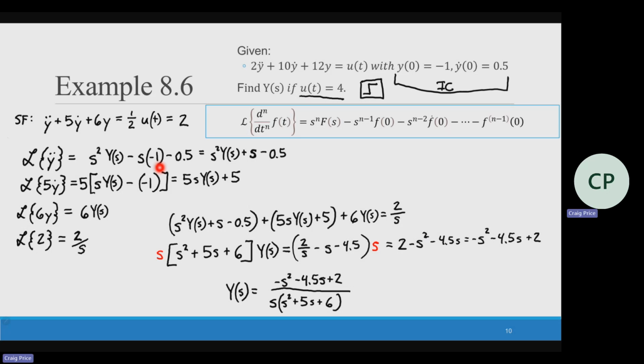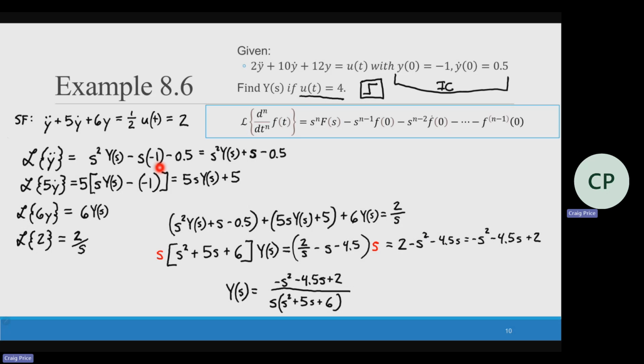We talked last class about the final value theorem. This is where we could incorporate the final value theorem multiplied by S. And then from there, we can take the limit as S goes to 0. We can solve for the final value. That's a way to find it. But our goal today is actually to bring this back to the time domain to actually get a function.